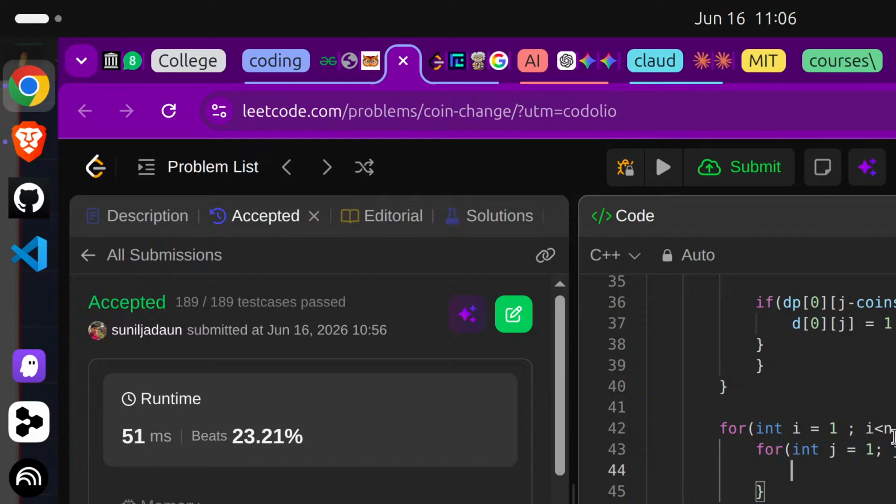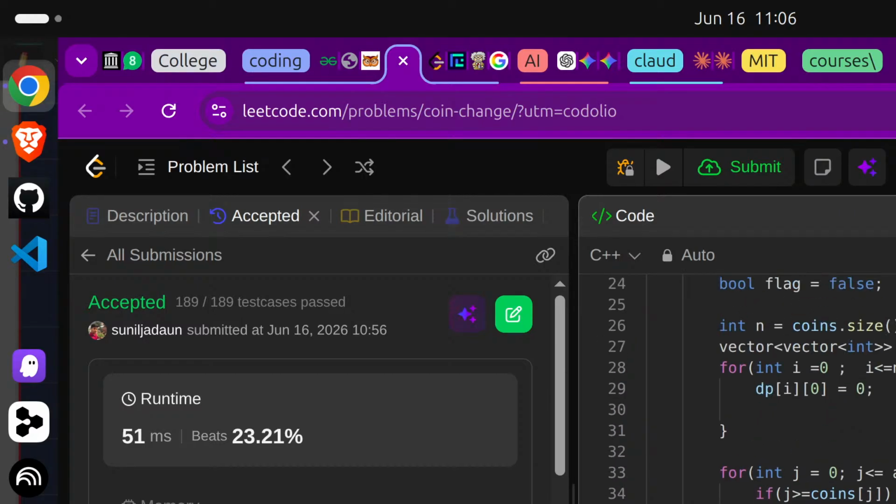Now what we can do? Okay, so we have to initialize like big numbers.